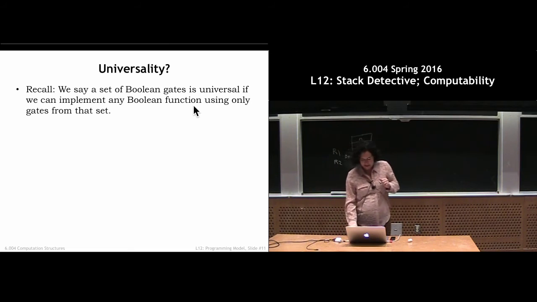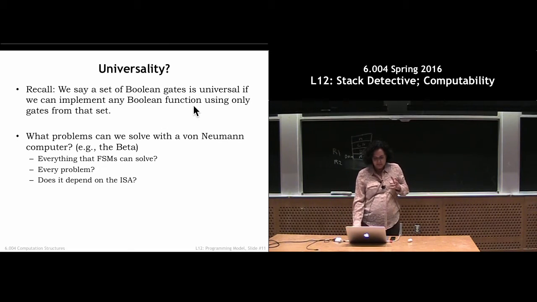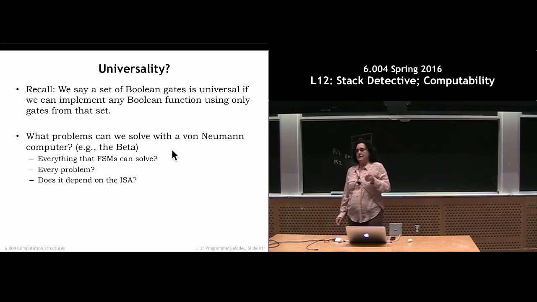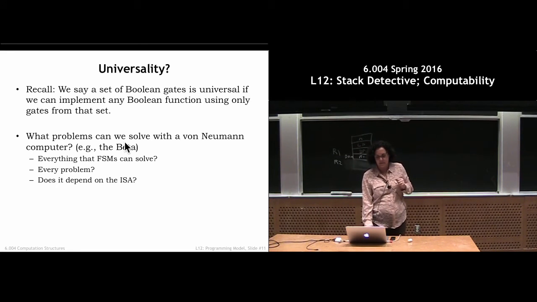And so today we want to take this a step further, and we want to ask ourselves, what makes an actual instruction set architecture universal? Specifically, we want to be able to answer these types of questions. What kind of problems can we actually solve with this von Neumann computer model that we came up with, or our Beta in the specific example?